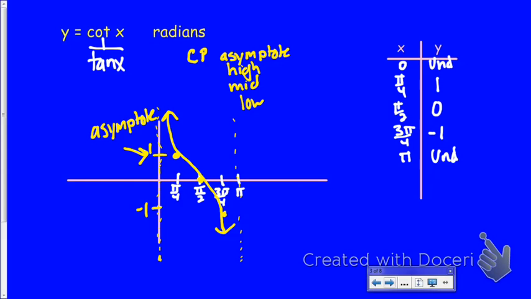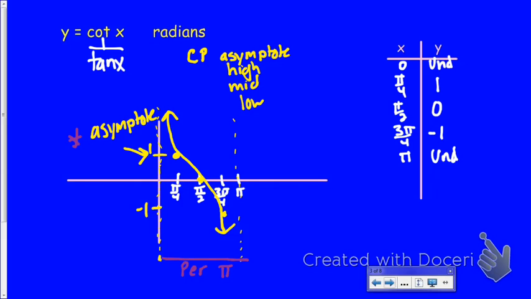A few similarities though. The shape does look similar. And another big similarity, the period is still pi radians, or 180 degrees. So it still repeats itself just as frequently. And the same pattern would continue with that same pattern of critical points. So that's one cycle of your cotangent parent function. Remember, the biggest difference here is cotangent starts with an asymptote.